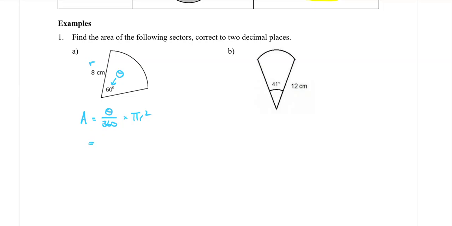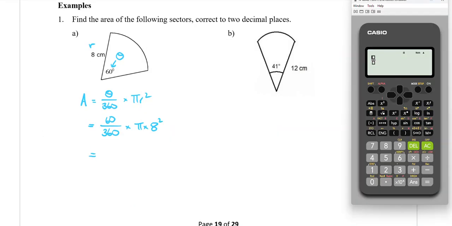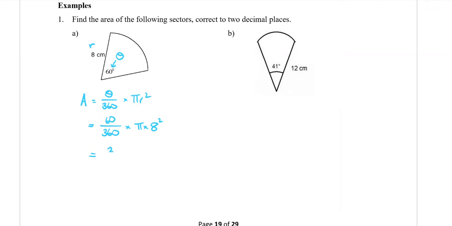So in our second line, we're going to sub those in. 60 is the angle over 360 times pi times the 8 squared. In the calculator, we have our fractions, so we'll do 60 over 360 times pi times 8 squared is 33.51.